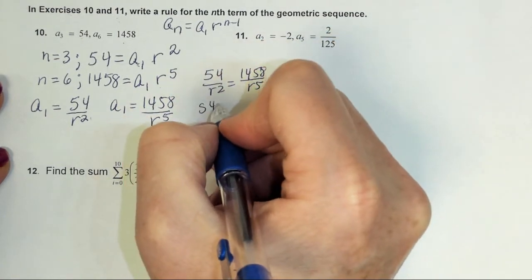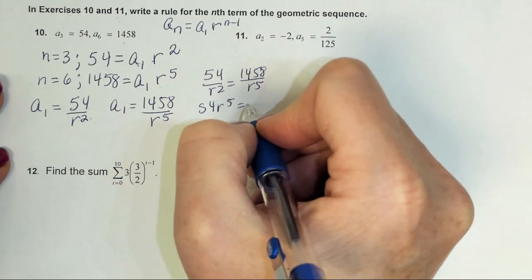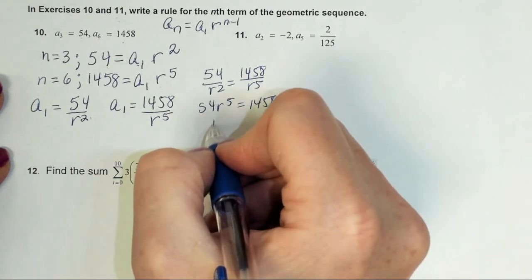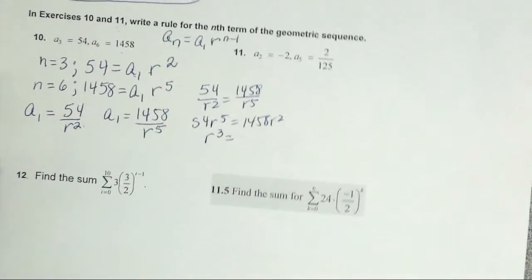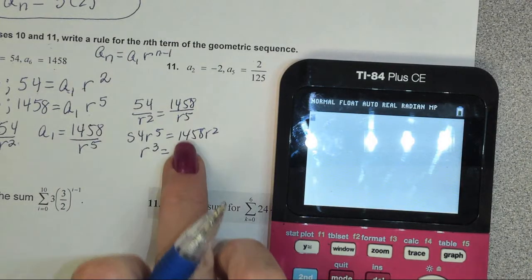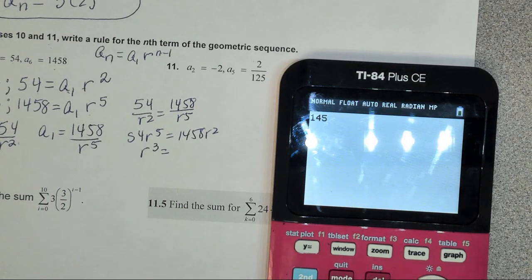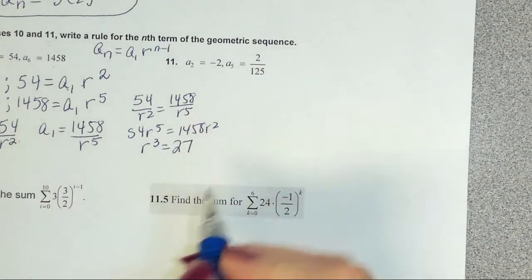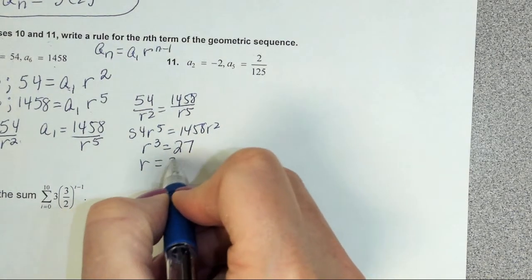We cross multiply. We divide both sides by r squared. We get r cubed. We divide both sides by 54: 1458 divided by 54, 27. And so r is going to be 3.